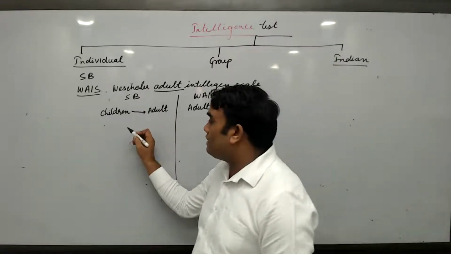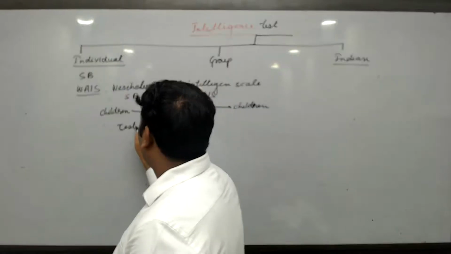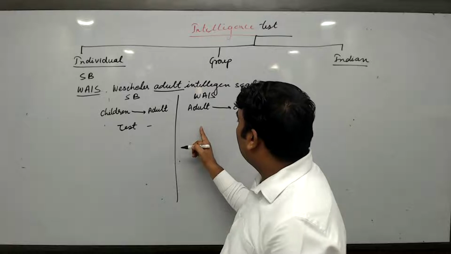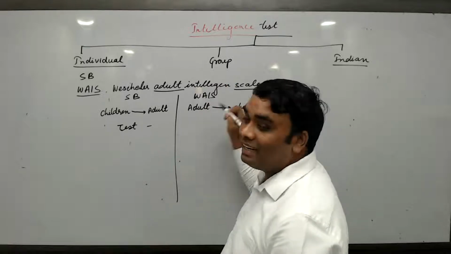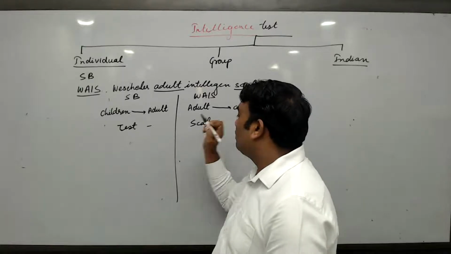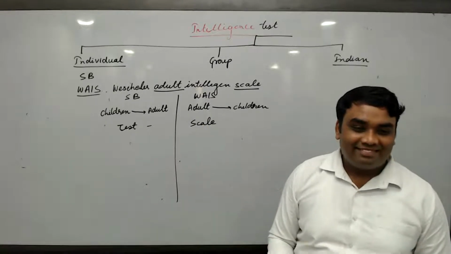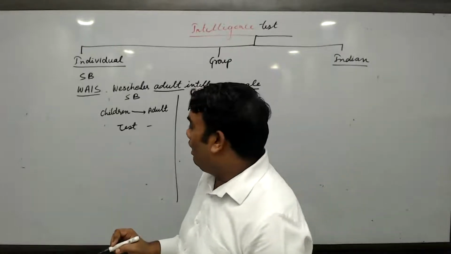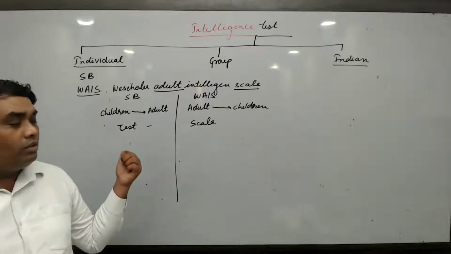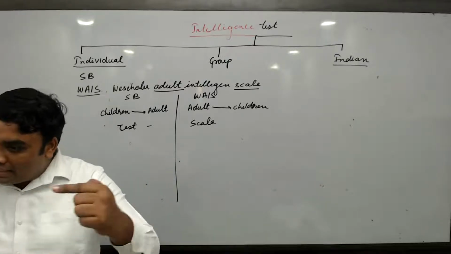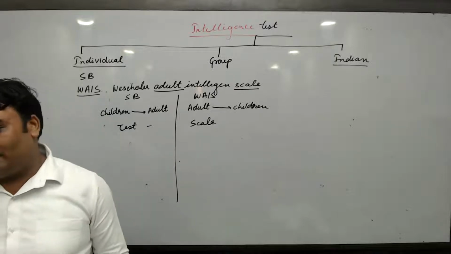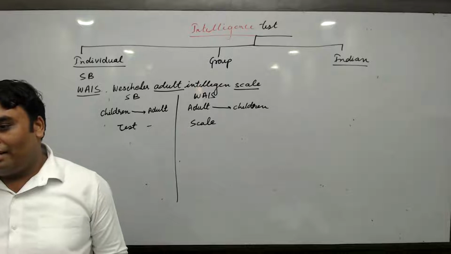And Wechsler was a test. What was Wechsler? A test. And what about this? It is a scale. It is clearly mentioned, so test and scale are not the same. What is the difference between test and scale? A test means where we find a score by ourselves. But in a scale, all the things are mentioned, and you only need to put the person in that list, in those categories.